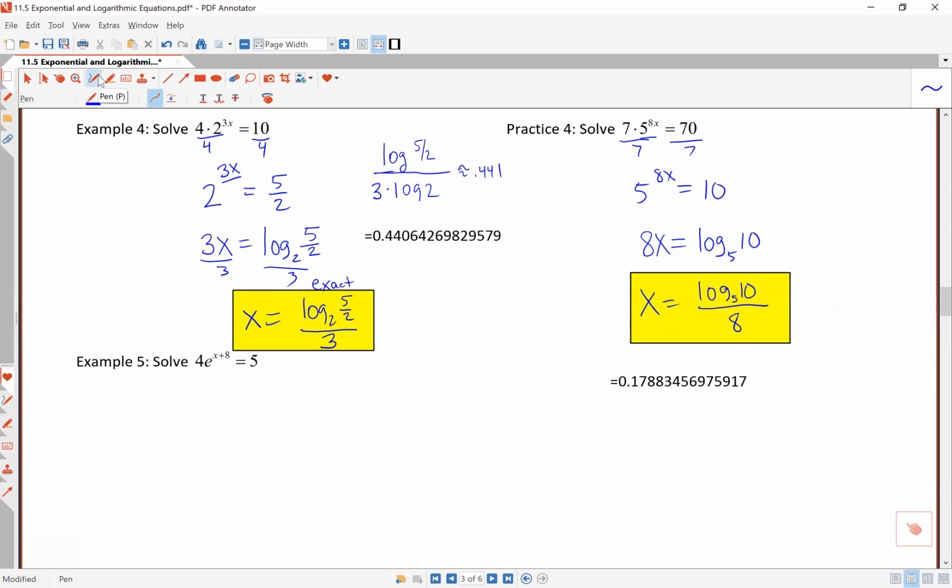Our change of base would have to be log of 10 divided by log of 5, divided by 8, and that is 0.179 approximately.